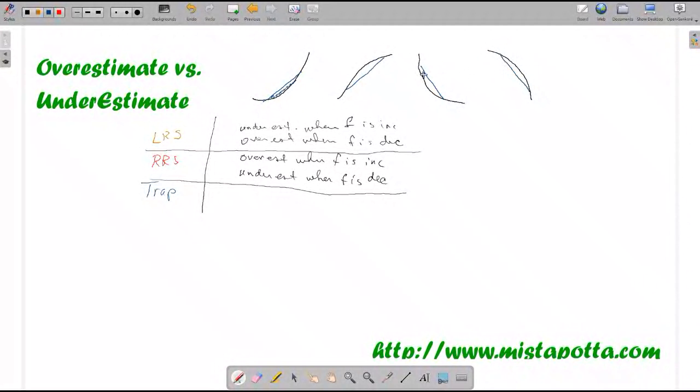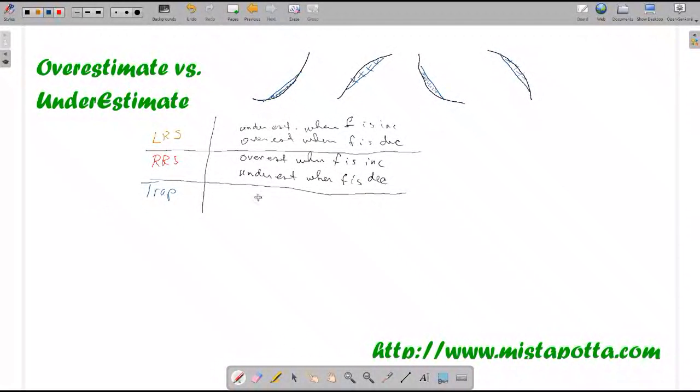And same thing is happening here. So in other words, when I'm concave up, I'm an overestimate. But when I'm concave down, like I am here and here, this is all area that I'm ignoring. This is all area that I'm leaving out.